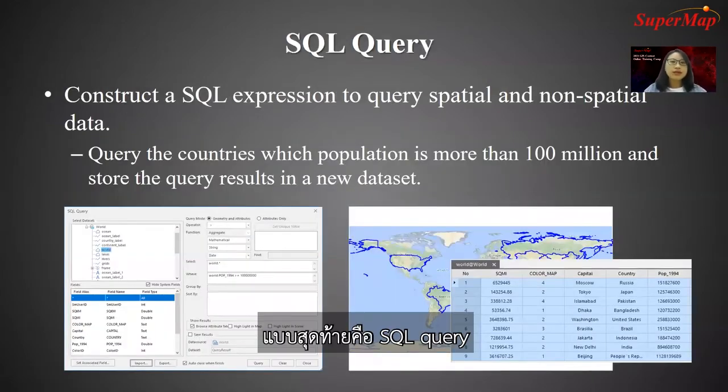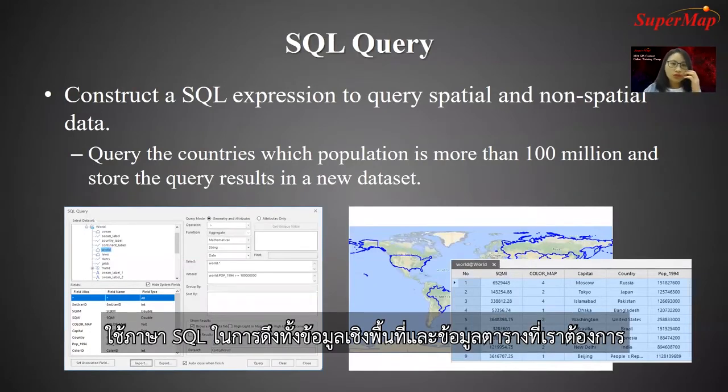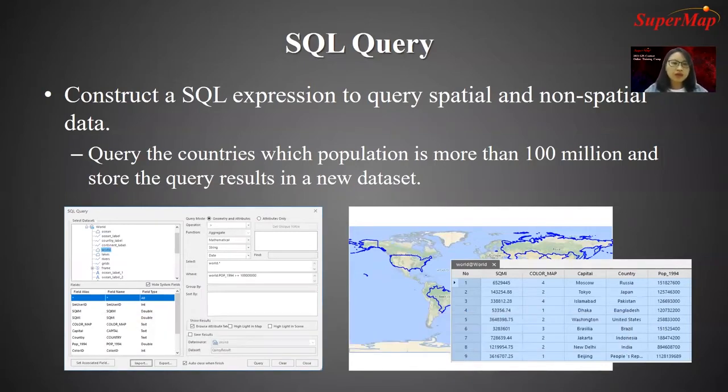And the last one is the circle query. As you understand, the circle query is to construct circle conditions to query spatial and non-spatial data.